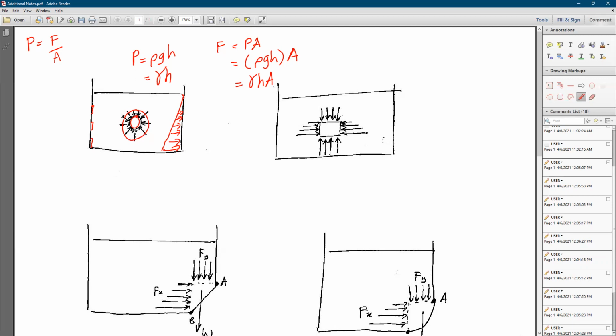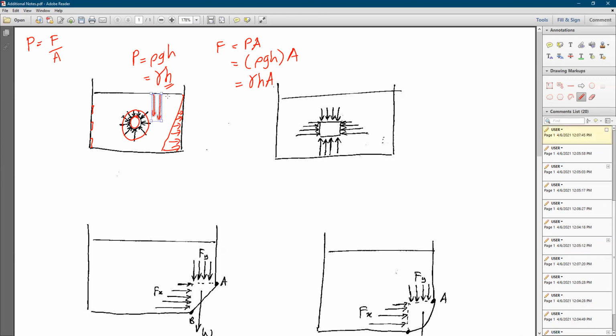That is due to the h, the height. If you look down here, it has the highest value of h, and therefore you will get the highest value of pressure.